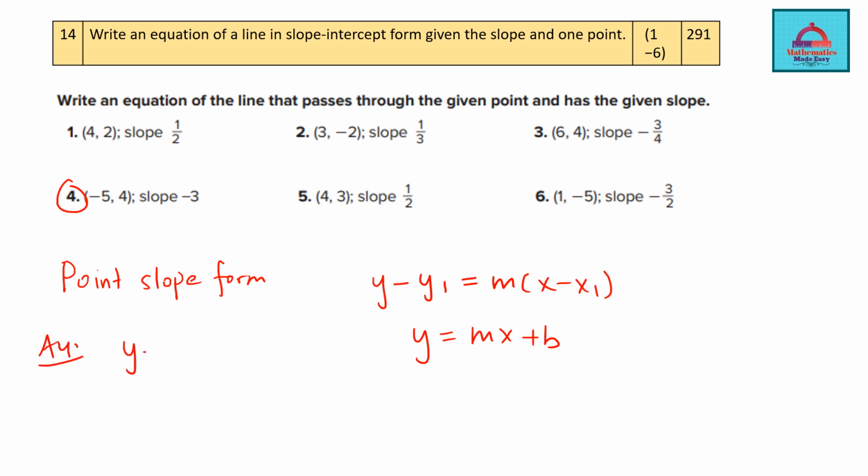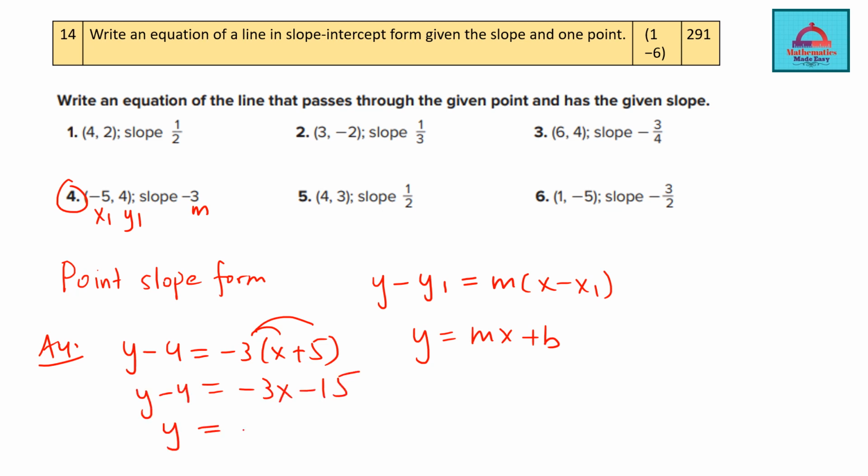So this is x1, this is y1, this is m. So y minus y1 is equal to m times x minus x1. So solve, open the brackets, do distributive. This comes out to be this one. So y is equal to mx minus 15 plus 4. So y equals mx plus b. This is the equation in slope intercept form.